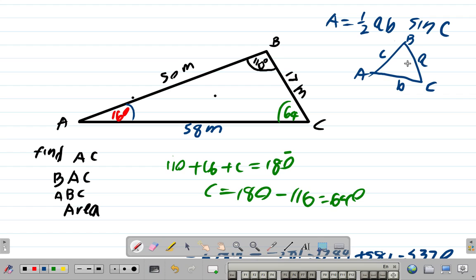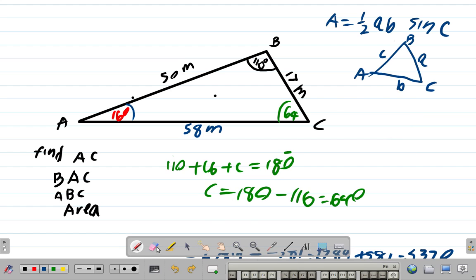So it's half of one side times the next side times the sine of the angle between them. Alright?